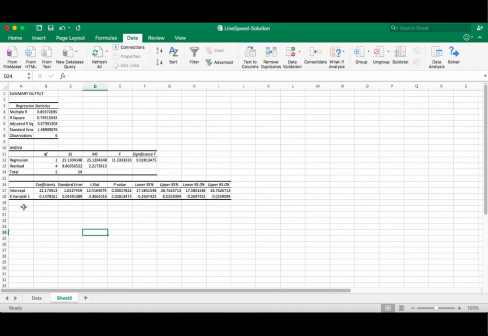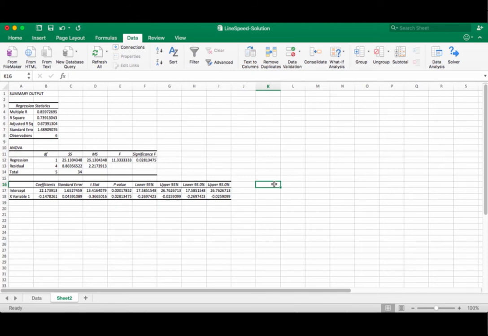So basically, how it looked like is y equal 22.17 minus 0.147 times x. That's how the relationship looks like. So I write it down over here.